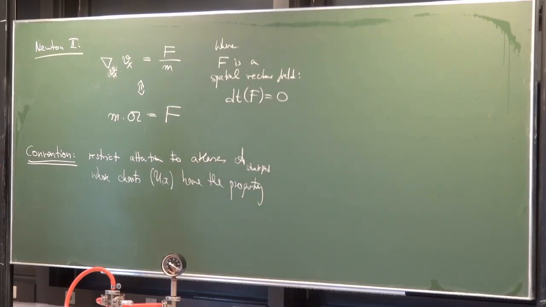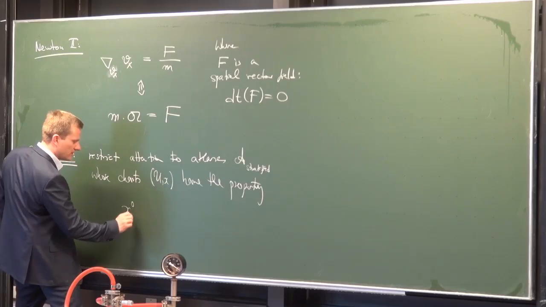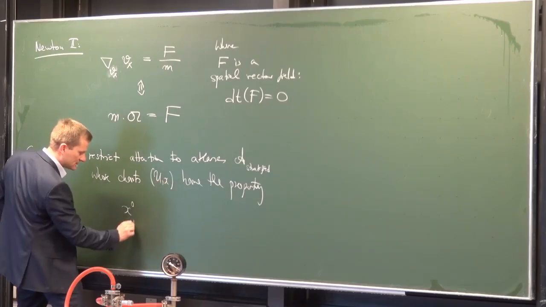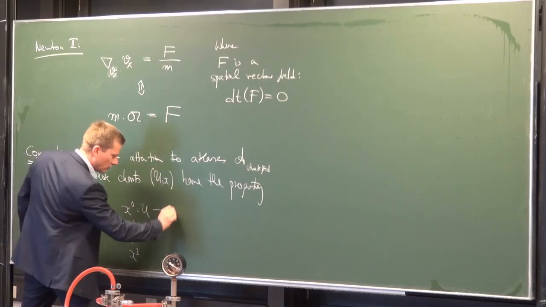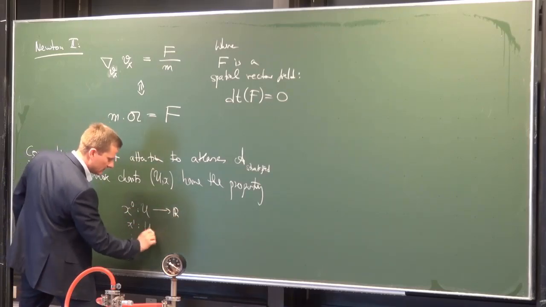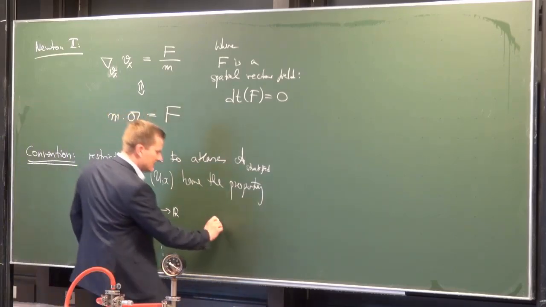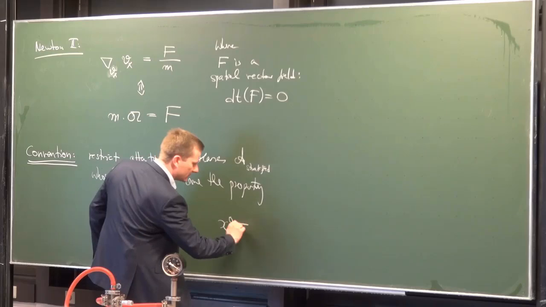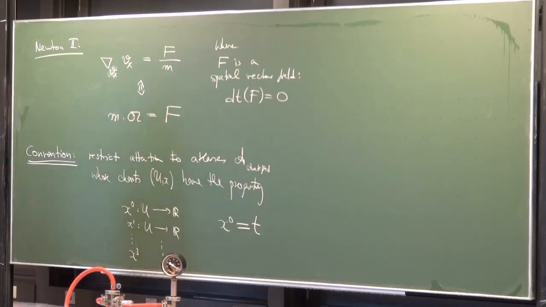Let's only think of those charts that have the property that, you know, the chart map comes on a 4-dimensional manifold in terms of 4 coordinate functions, right? And so on, that have the property that the 0th coordinate function coincides with the absolute time function.